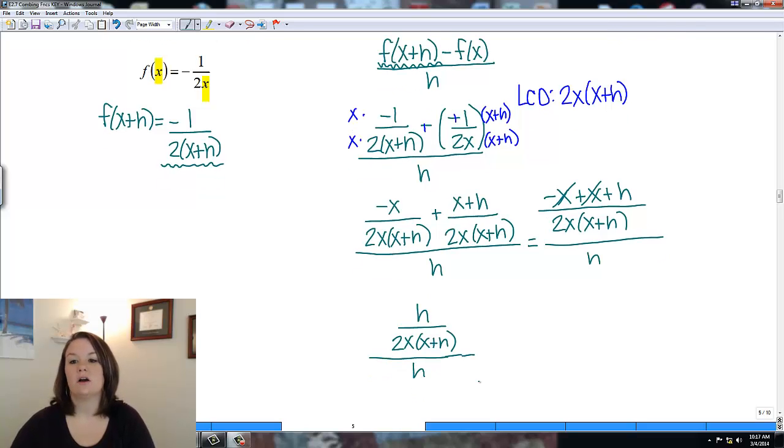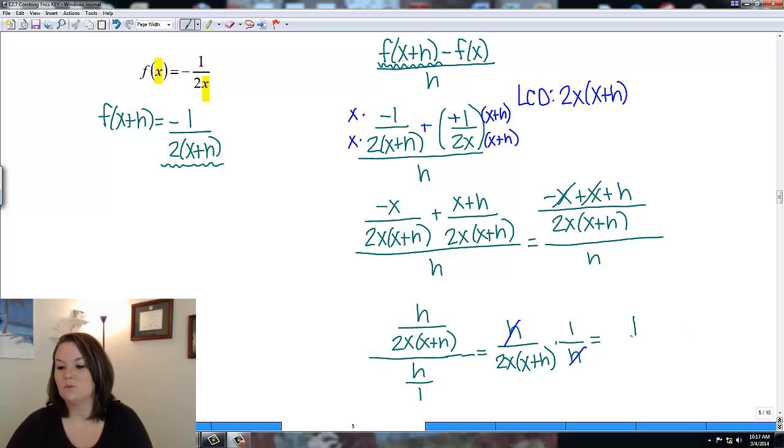And again, we still have a complex fraction, so I'm going to write that as h over 1 so that I can flip and multiply. Okay, so this gives me h over 2x times x plus h. When I flip and multiply the bottom fraction, I get 1 over h. And then notice I can go ahead and reduce here. Okay, I have an h on top and an h on bottom. So my final difference quotient answer is 1 over 2x times x plus h.